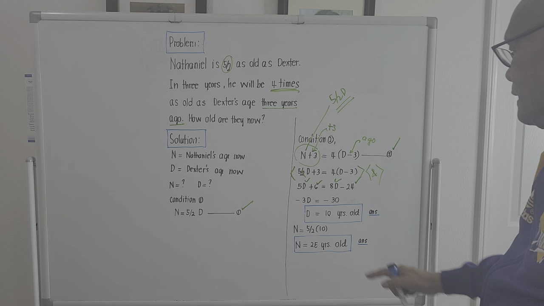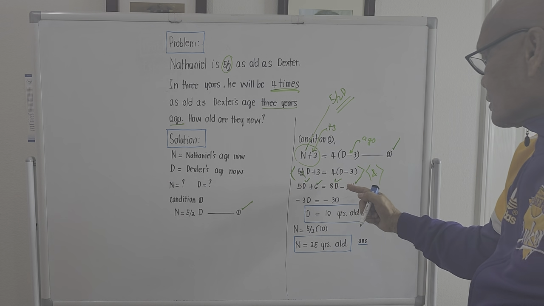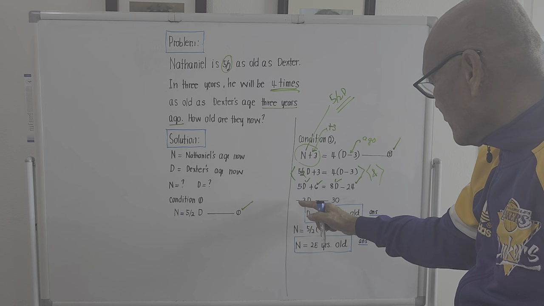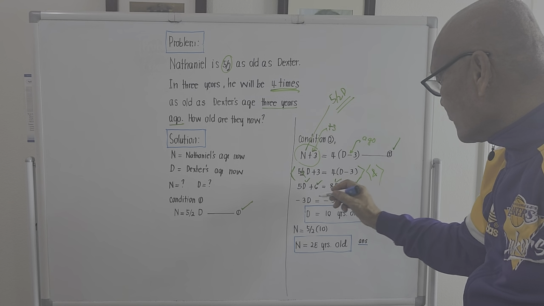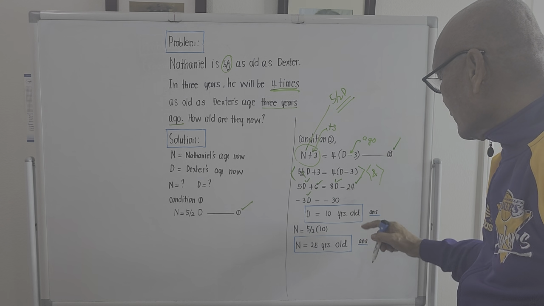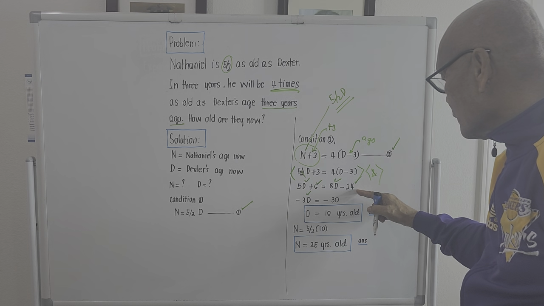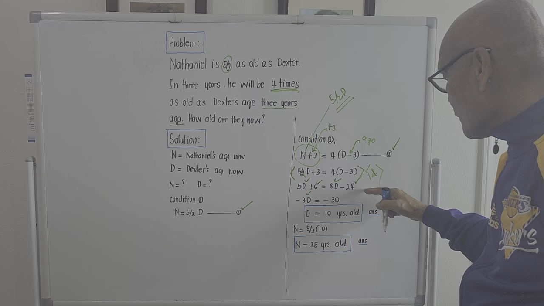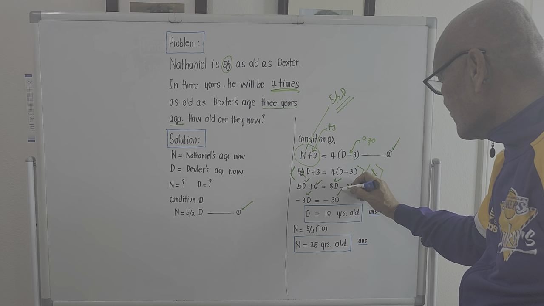Okay, 5D plus 6 equals 8D minus 24. We transpose 8D to the left, so 5D minus 8D is negative 3D, and this equals negative 24 minus 6, which is negative 30.